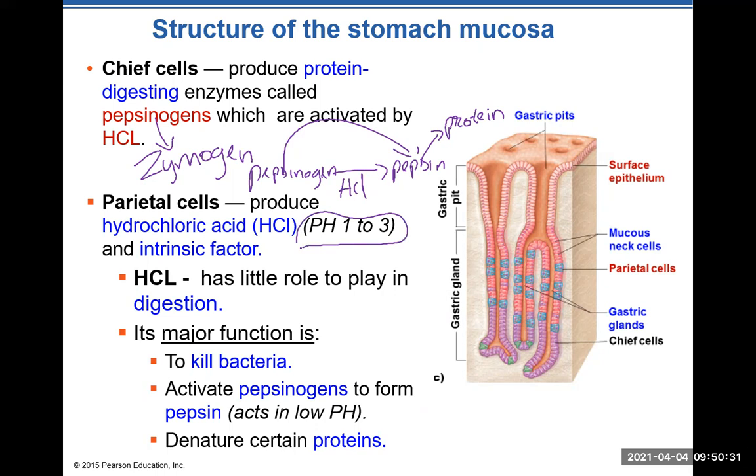And this HCl is produced by which cells? Parietal cells. The other function of HCl, we already spoke about it. It can kill bacteria if, God forbid, we eat bacteria along with the food, or denature the proteins of the bacteria, or denature the proteins present in our food.